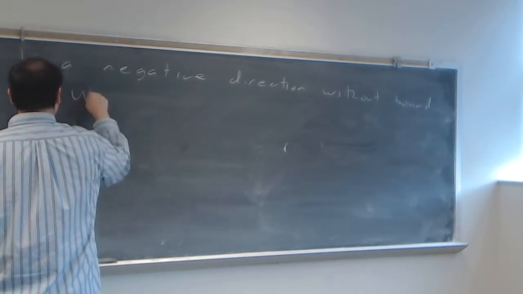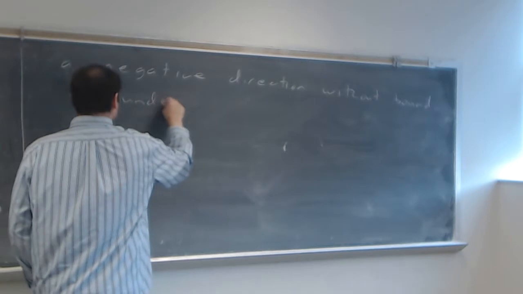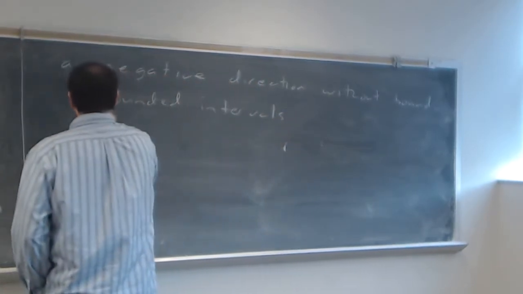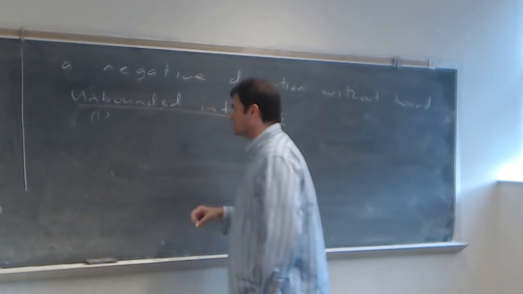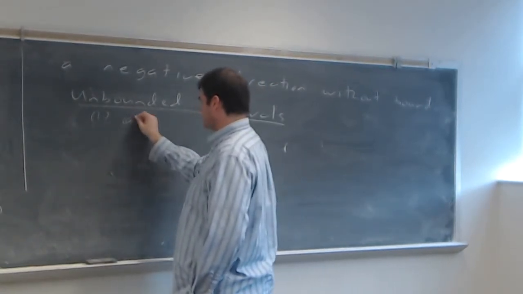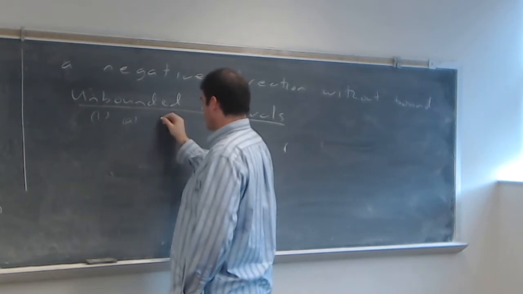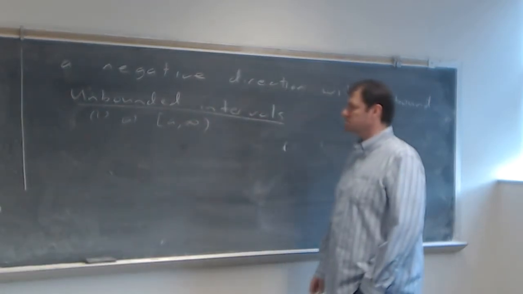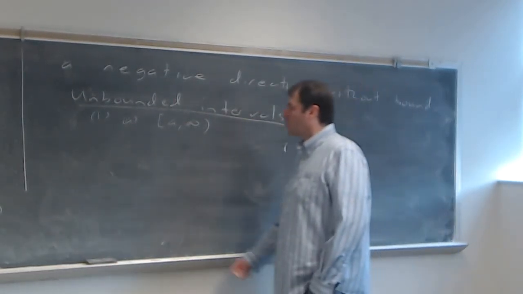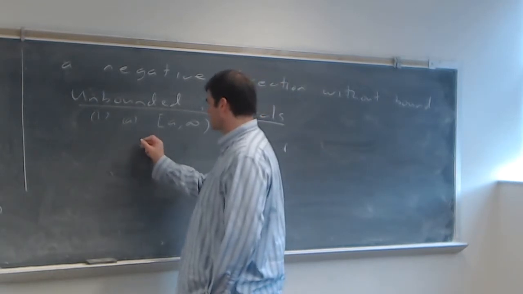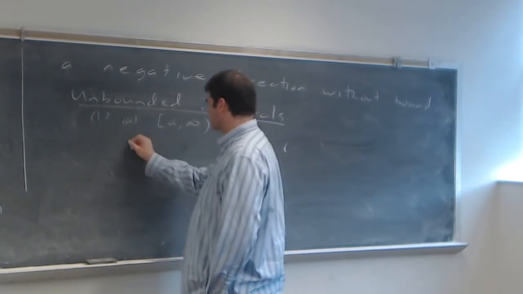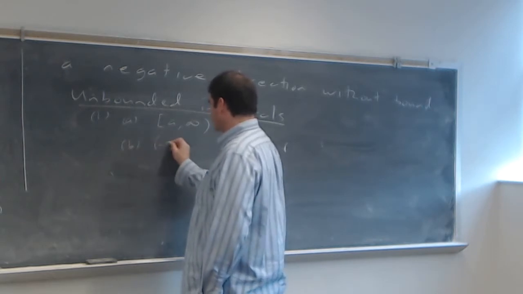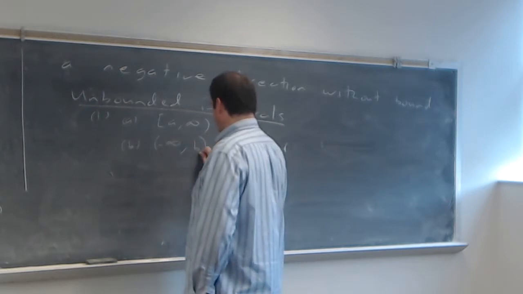And so now we want to talk about unbounded intervals. The first type of unbounded intervals that I'm going to list, part A, is a to infinity in this form, or part B, minus infinity up to b in this form.